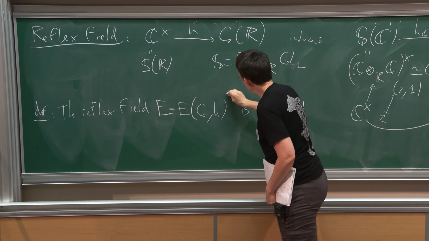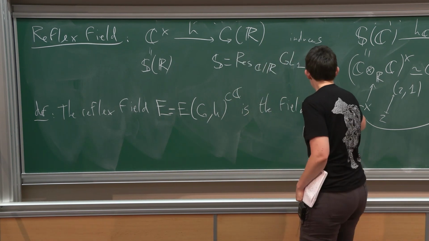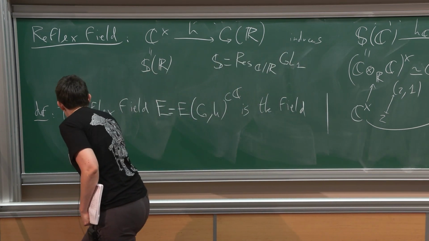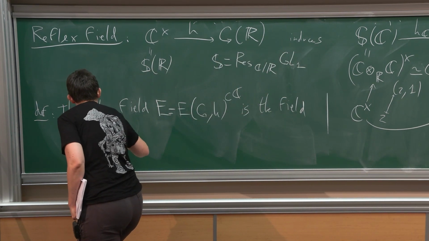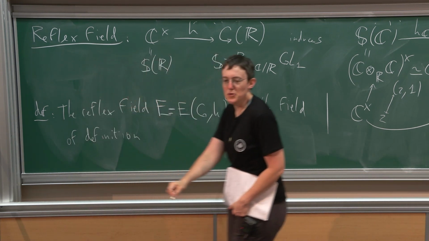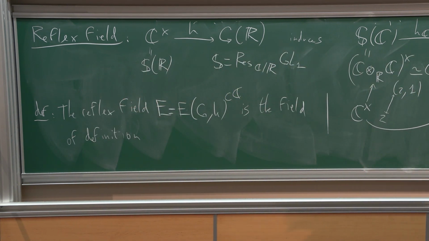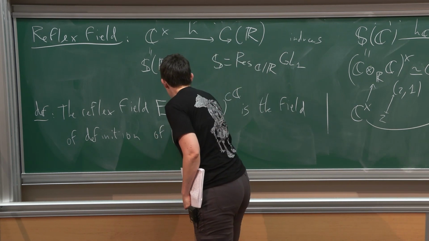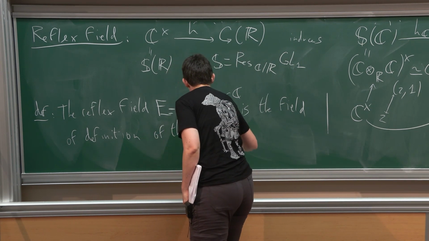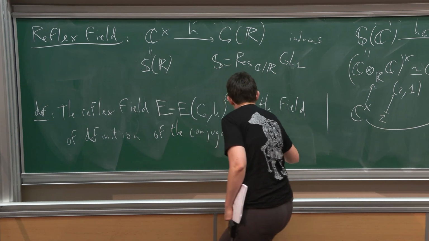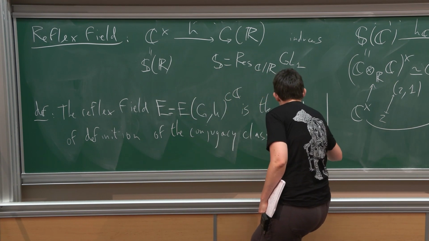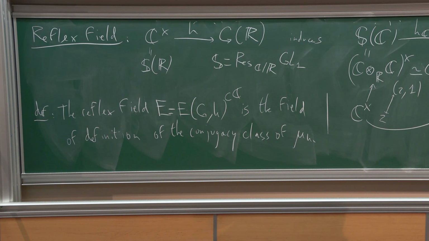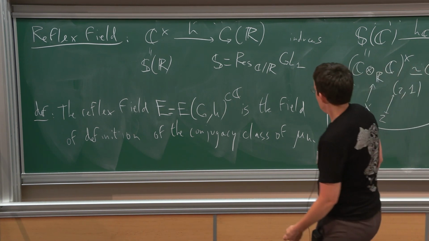It's naturally a subfield of C. Well, I want to say the field of definition of mu H, but that doesn't really make sense because H is only really relevant up to conjugacy. So I'm going to say the field of definition of the conjugacy class of mu H. Okay, cool.